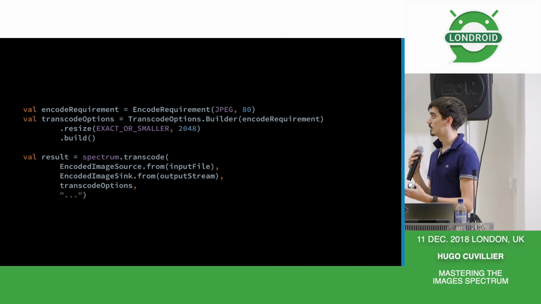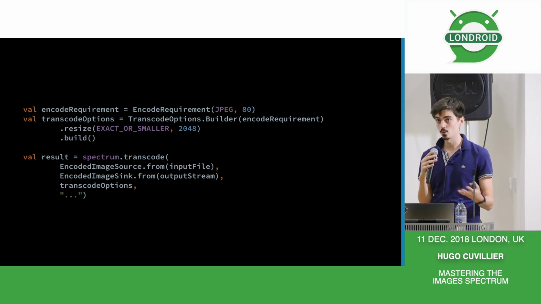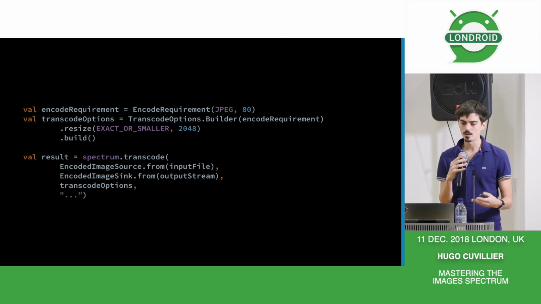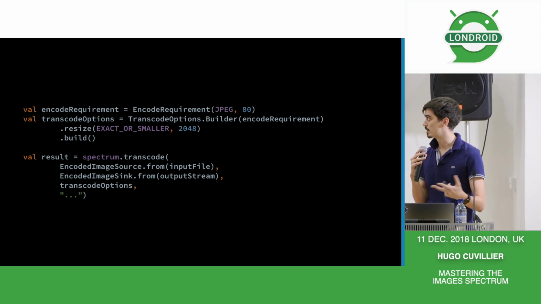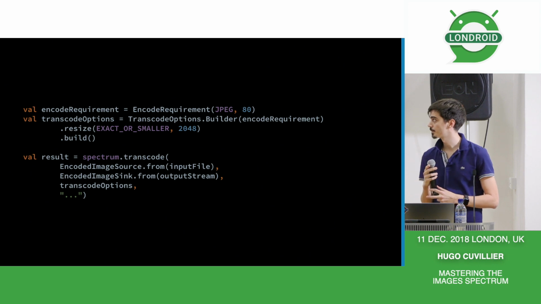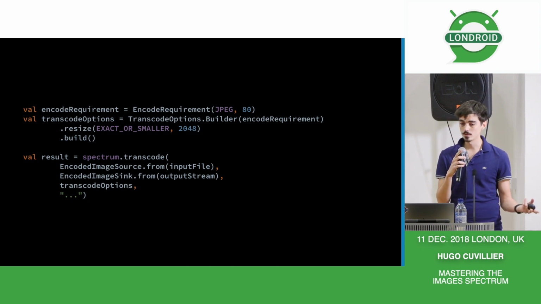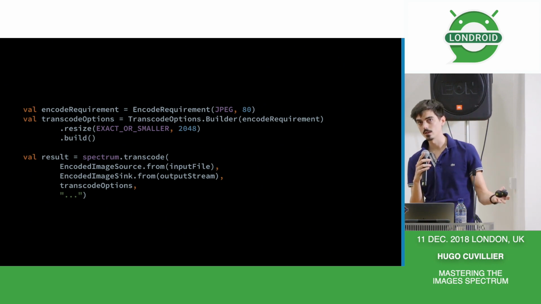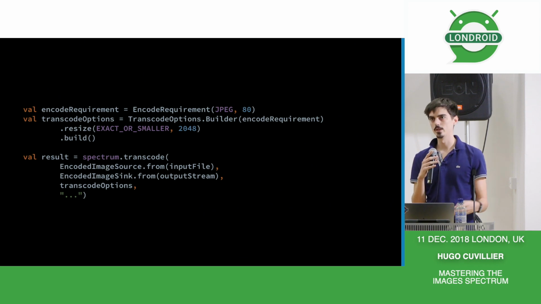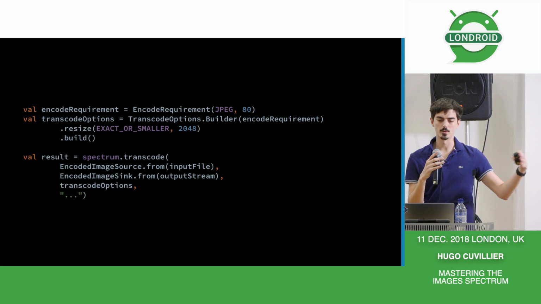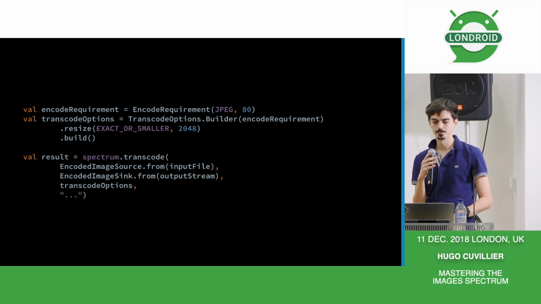We specify the source image from an image source. Here it's coming from an input file. And we specify where we want the resulting image to be written to. That's the image sink. We pass in the transcode options, and the last parameter is a call site identifier that's going to be passed on to your logs if you want to more easily identify where this particular image operation has been enqueued.